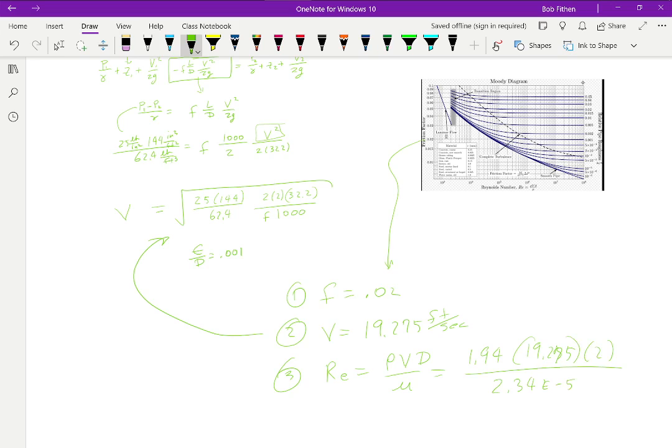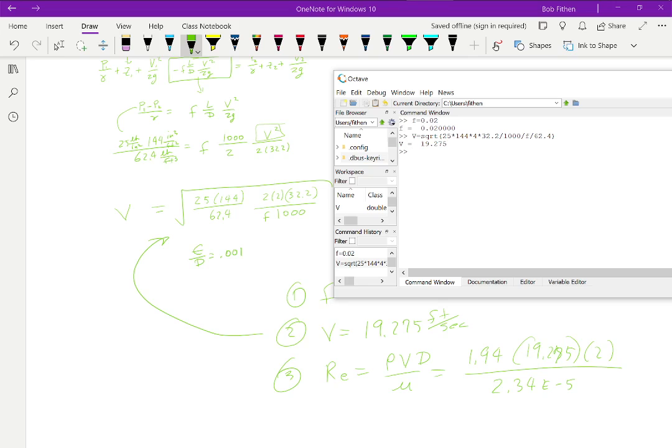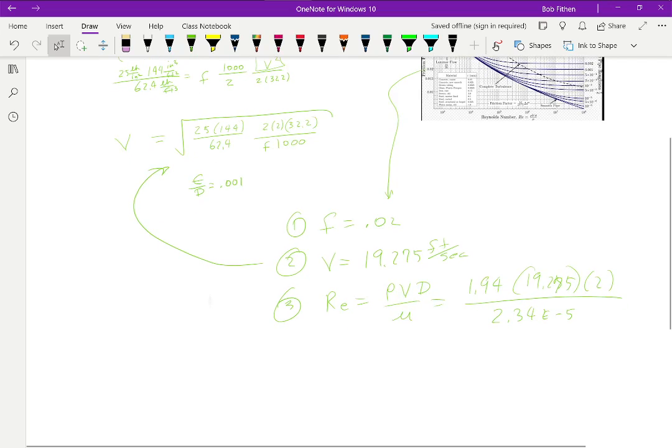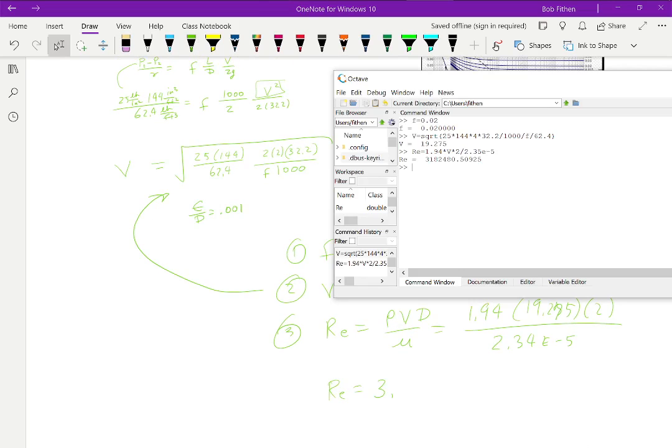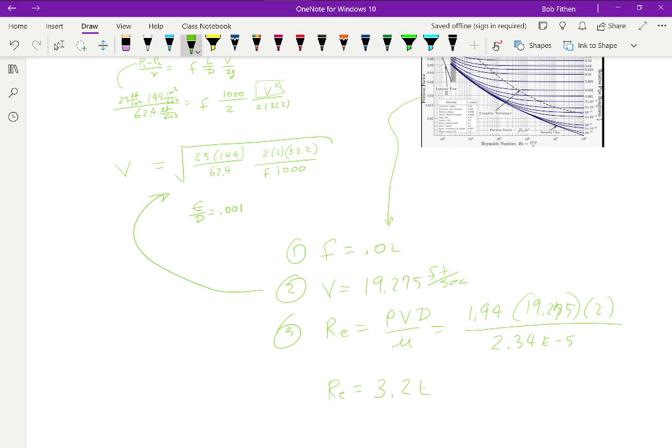So we'll make use of that again. The Reynolds number, 1.94 times the velocity times 2 over 2.34 e to the minus 5 gives me 3.2 e to the 6.